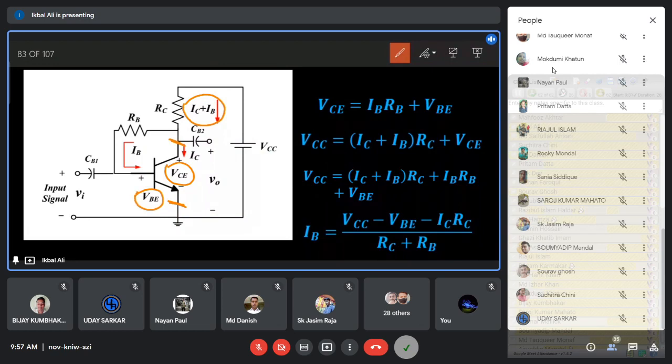These are the DC voltages applied, and these are the DC currents flowing through the terminals of the transistor. This biasing circuit sets the DC voltage VBE across base emitter, the DC voltage VCE across collector emitter, and also sets the DC collector current as well as the base current flowing through the transistor.